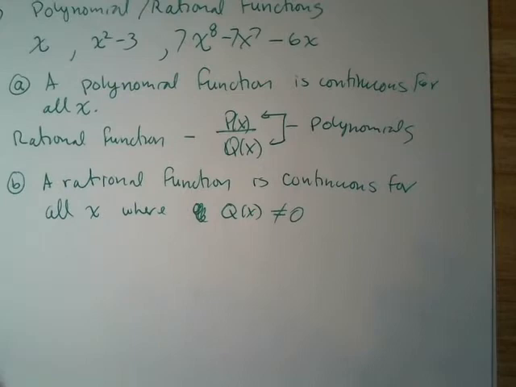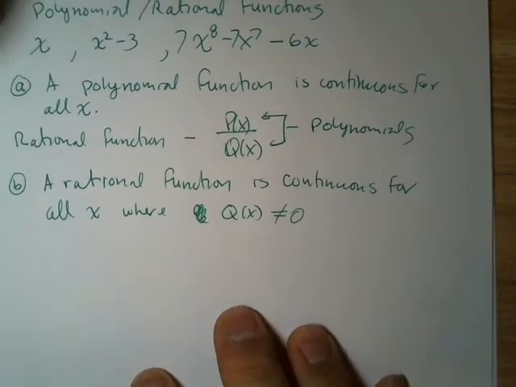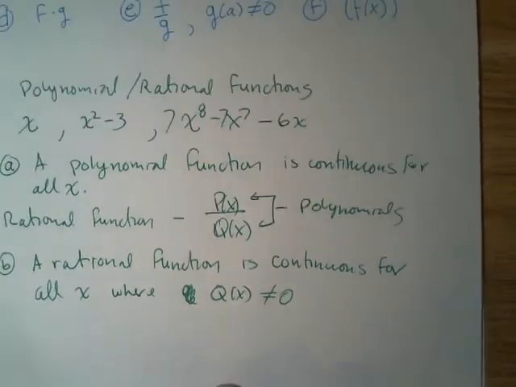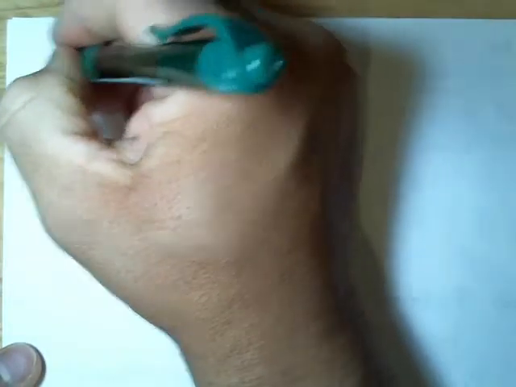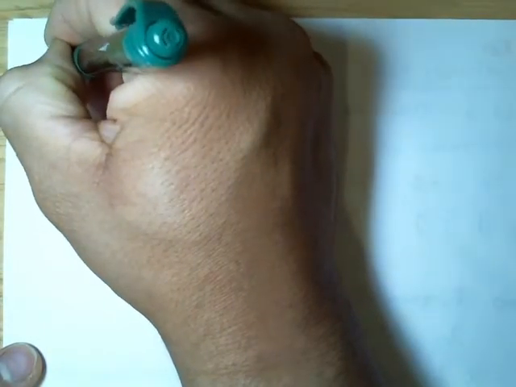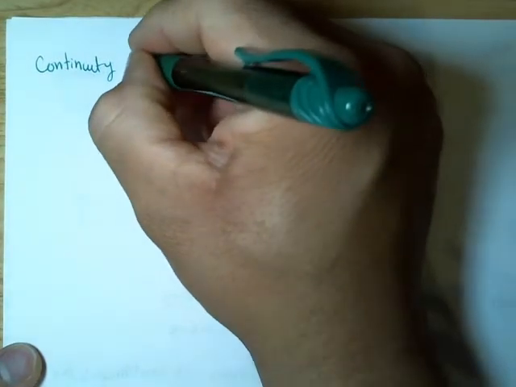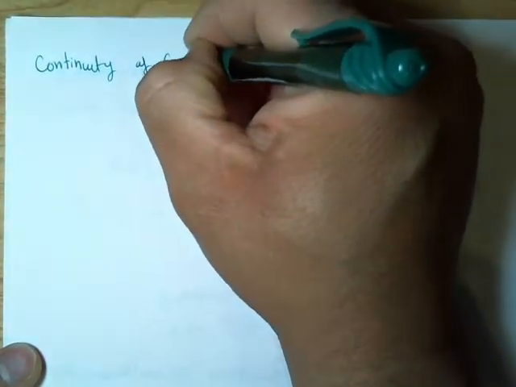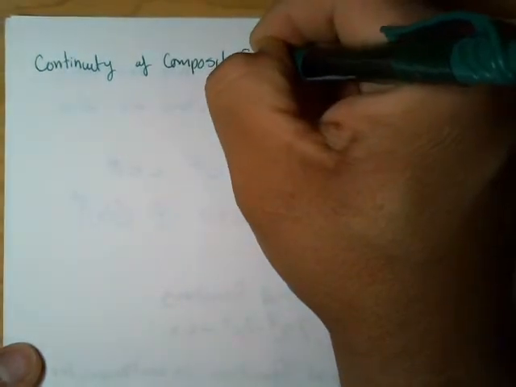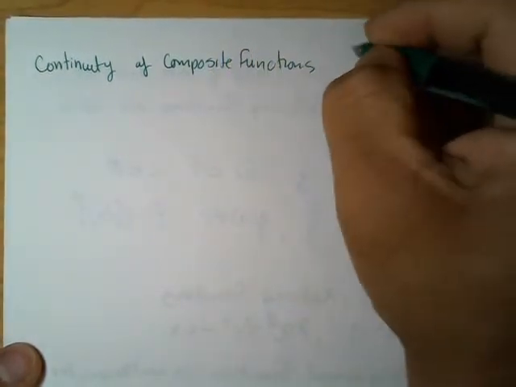Okay, and other types of functions that we can assume continuity here. All right, so we looked at some of our basic ones. Now let's look at our composite. So continuity of composite functions at a point.